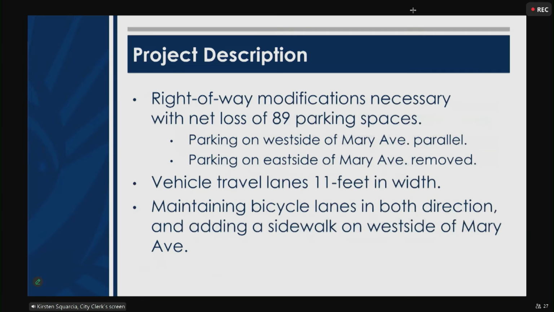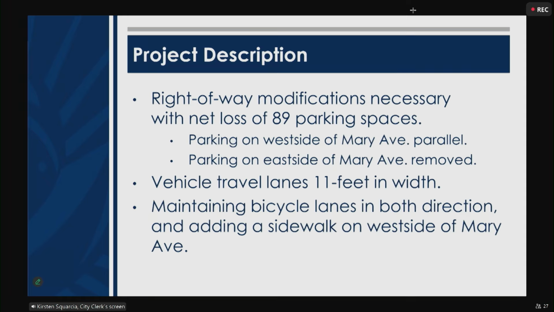So again, the right-of-way modifications would necessitate a net loss of 89 parking spaces. However, there will be 33 parallel parking spaces along the west side of Mary Avenue, with those on the east side completely removed.